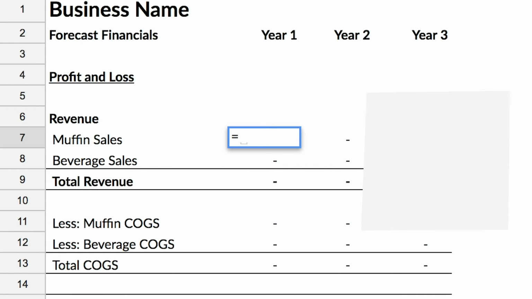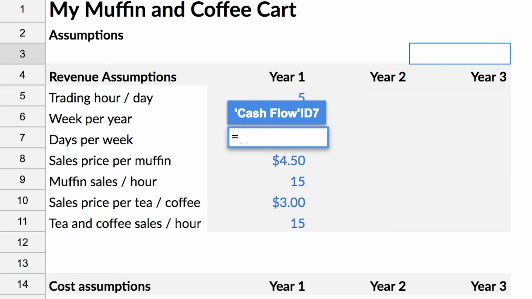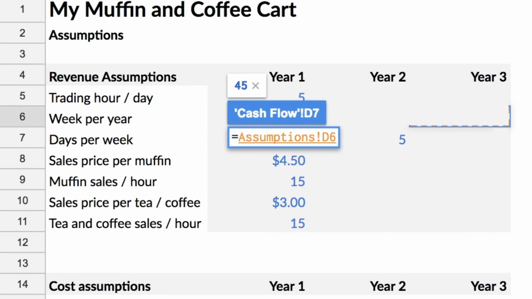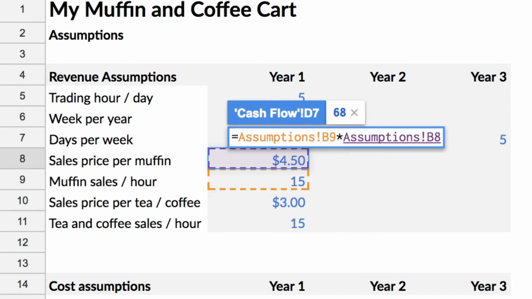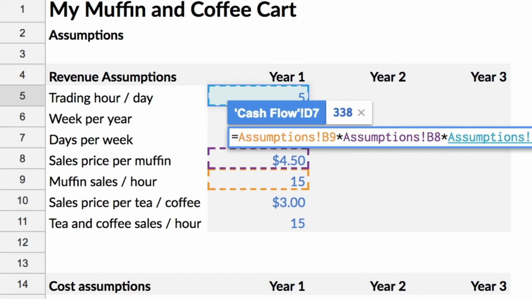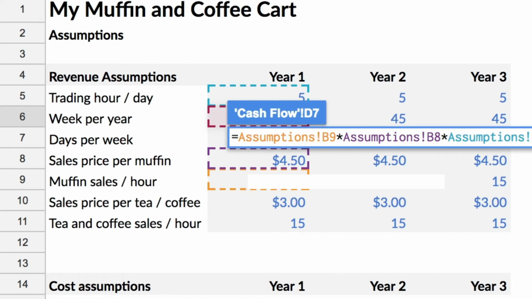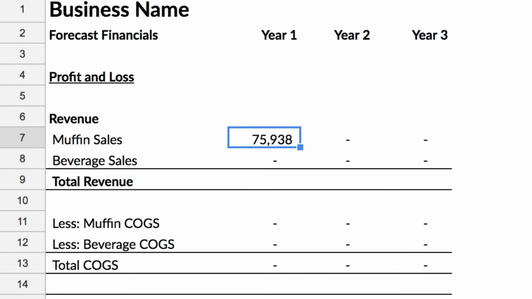Same as you would on paper, but we know we're going to sell 15 muffins an hour times $4.50 per muffin, and we know we're going to be operating 5 hours a day, and we're going to be operating 45 weeks a year, and we're going to be operating 5 days a week. So once we do that calculation, we get muffin sales of about $75,000, $76,000 each year.